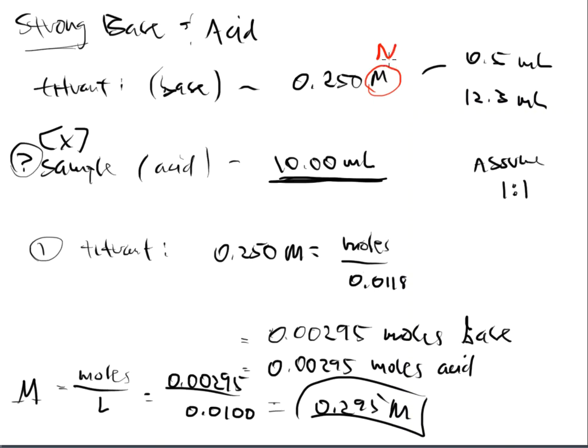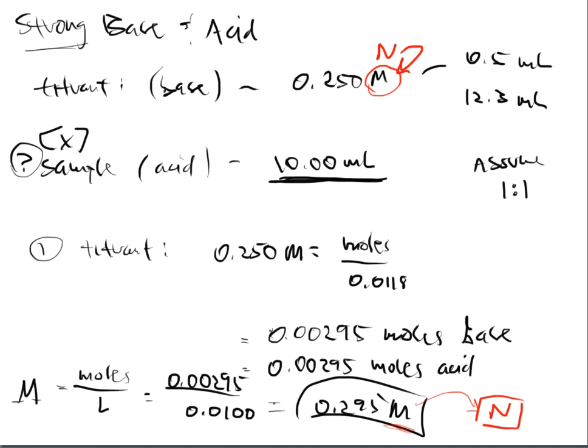As I mentioned in the last video, if the problem gives me normality, make sure that you convert it into molarity first using the appropriate conversion factor. Then if the question wants normality as the final answer, find molarity first, just like we did here, and then convert that into normality in the very last step.